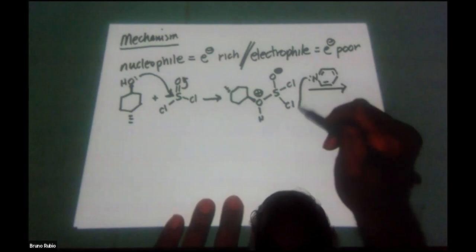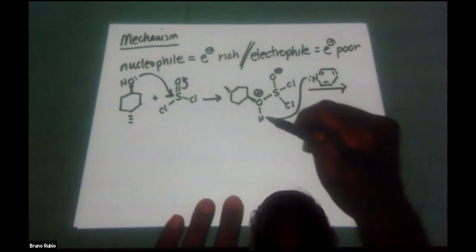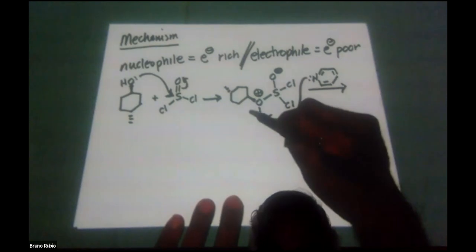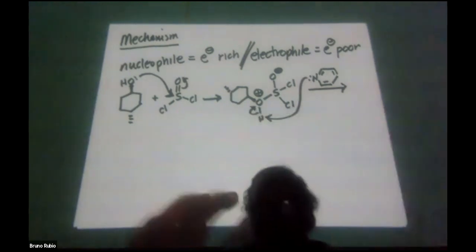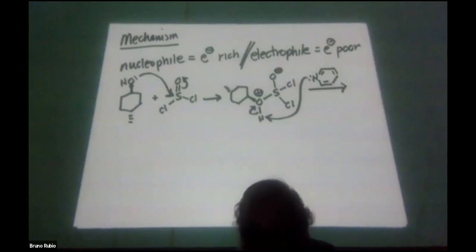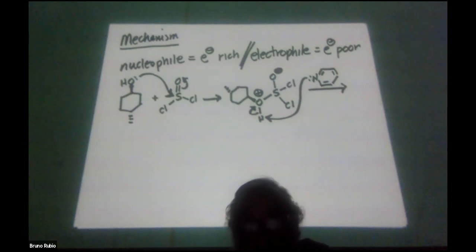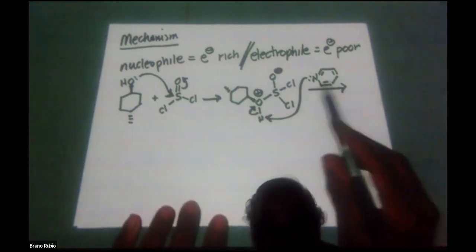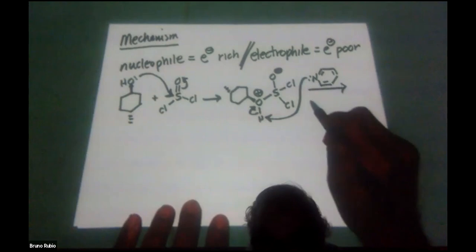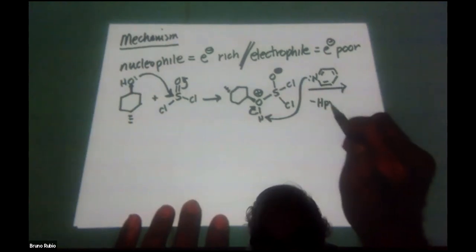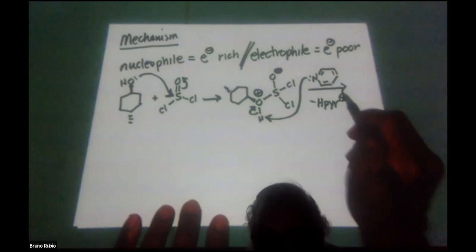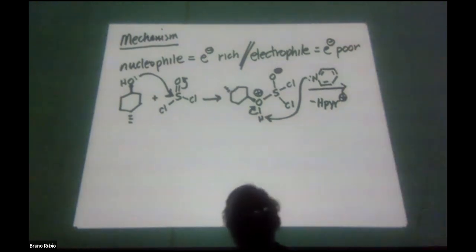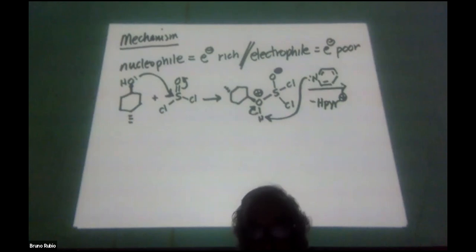It's going to come in here and remove this proton from this oxygen atom, and then oxygen is going to gobble up that electron pair. And the reason this happens is that oxygen is highly electronegative. It doesn't want to be positively charged. It wants to gobble up electrons and to be neutral or negative. Okay, so the pyridine comes in and removes that proton, and the product of this reaction is that HPYR plus stuff, right? I'm not going to rewrite the structure because it's going to get too crowded.